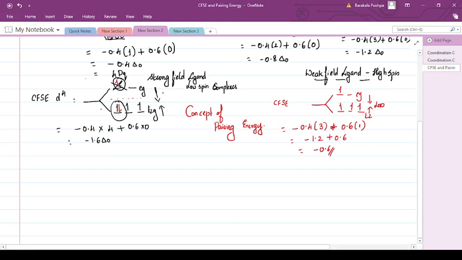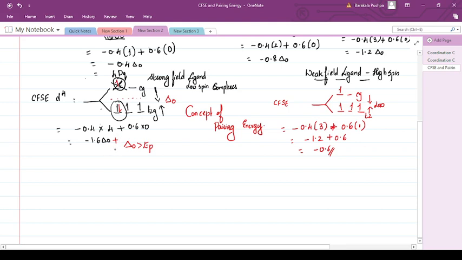In this case, the magnitude of splitting is very high. You can see that in the strong field ligand case, the magnitude of splitting is very high. So the pairing energy is not sufficient for the electron to jump, the pairing energy is less. So what happens? It will make use of the lower energy level and get paired up here. So this is called electron pairing energy. So when we calculate the CFSE, we need to sum up the pairing energy with the CFSE.